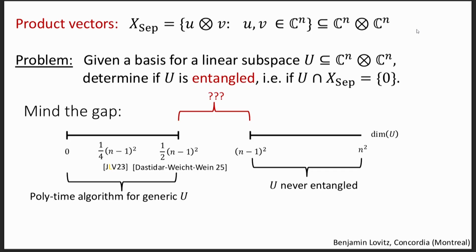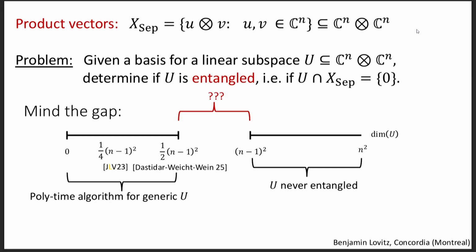Dustadar and Waked are two PhD students, and Alex Wine is a professor at UC Davis. They went up to 1/2 (n-1) squared, and it's really nice. Their 1/2 actually still just uses the second level of the hierarchy, so it's the same algorithm, intersecting U tensor twice with X sub 2. And then we have this cutoff, (n-1) squared, and beyond that, U just is never entangled.